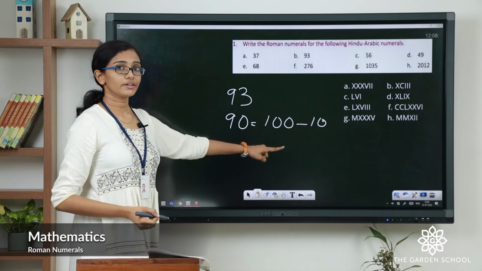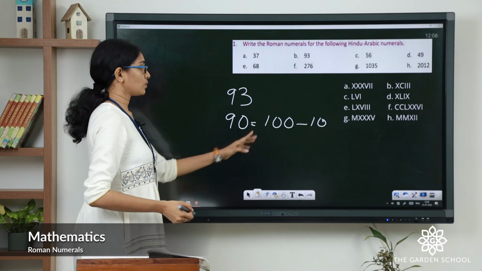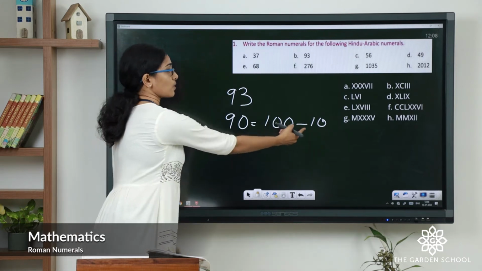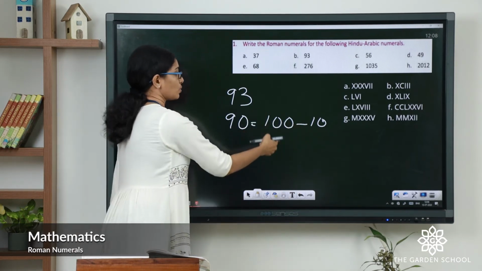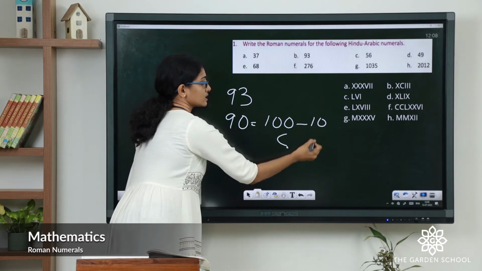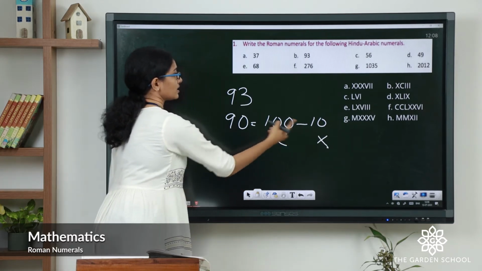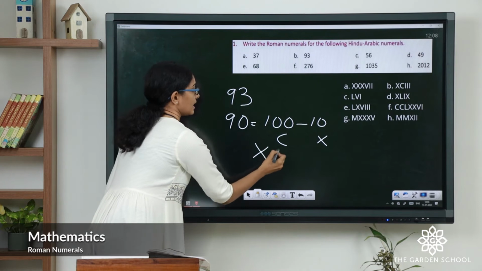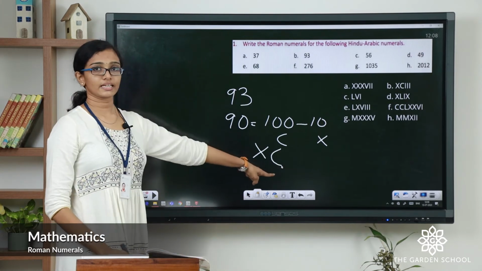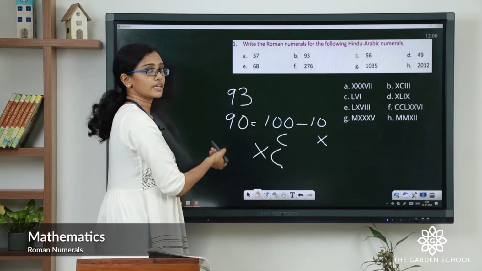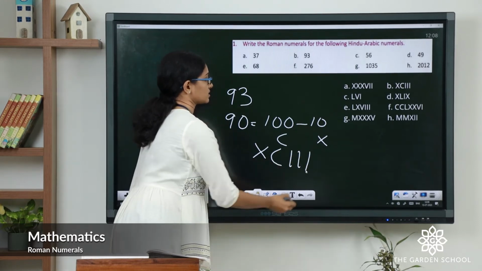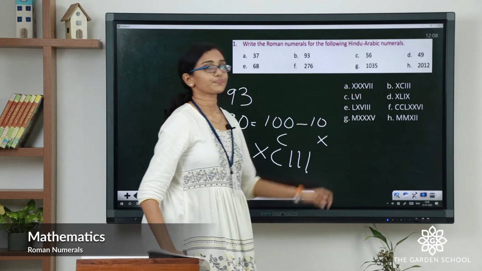We have a symbol for 100, we have a symbol for 10. So for this to happen, the smaller numeral should come to the left. So what is the symbol for 100? It's C. Symbol for 10 is this one. So it is written as XC. So 90 is XC. Now how do we write 3? It is 3 I's. So that's the answer.